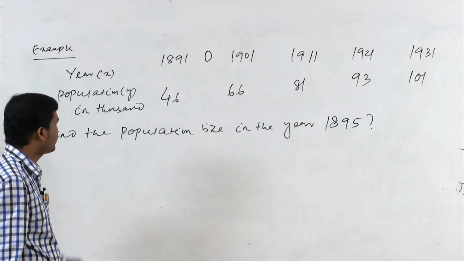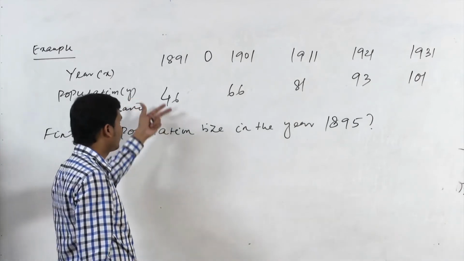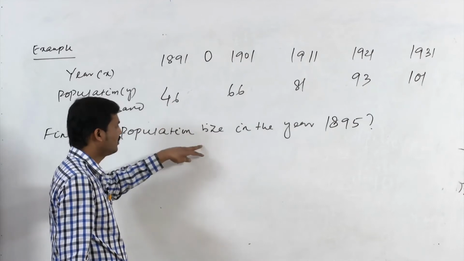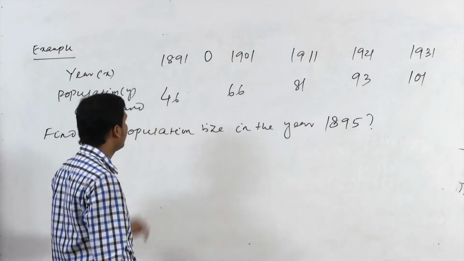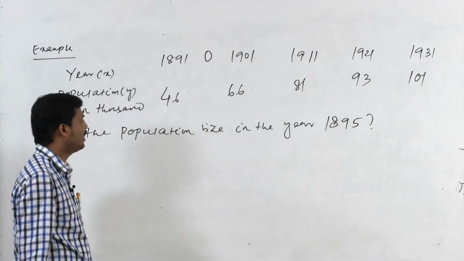For that, first we construct the table, and from there we can collect the data, and then use the formula to evaluate the population size in the year 1895.